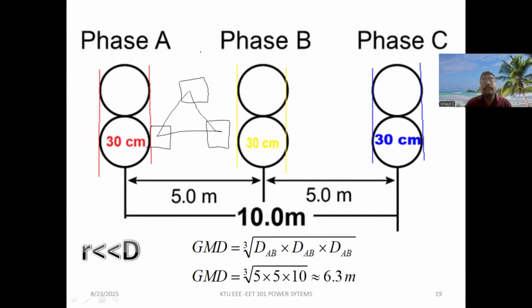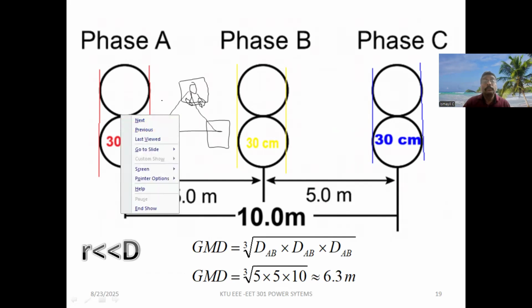That bundled conductor has 3 subconductors, and those 3 subconductors are on the corners of an equilateral triangle.